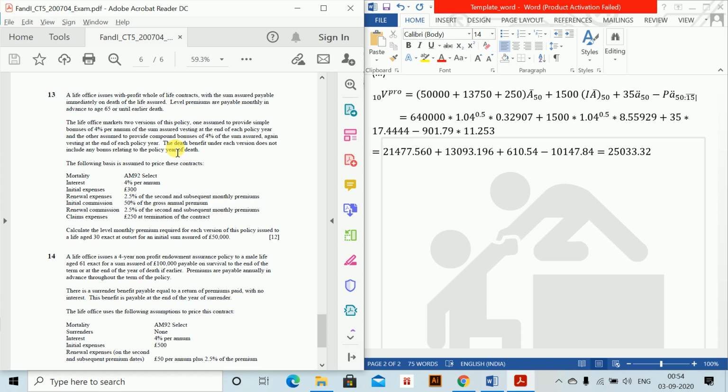The following basis is assumed to price these contracts: mortality AM92 select, interest 4% per annum, initial expenses 300, renewal expenses 2.5% of the second and subsequent, initial 50% of the gross annual, renewal 2.5% of the second and subsequent, and claim expenses 250 at the termination of the contract. Calculate the level monthly premiums required for each version of the policy issued to a life aged 30 exact at outset for an initial sum assured of 50,000.